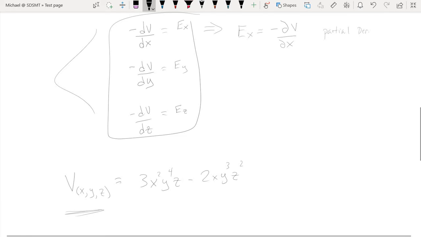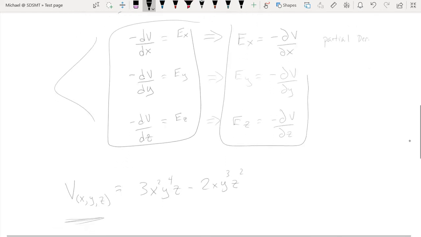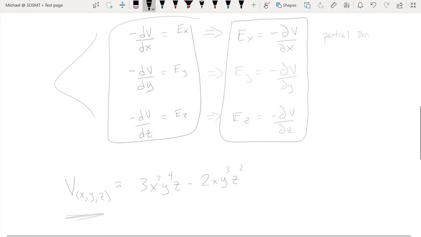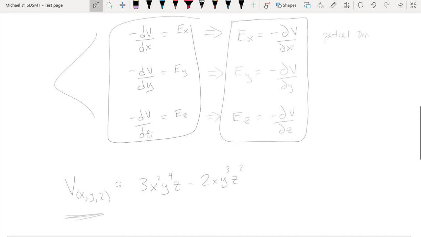Partial meaning we take the derivative of one part of the total function. In this case, we're taking the derivative with respect to x only. Here, we take the derivative with respect to y only. And here we take the derivative with respect to z only. So these are the proper notations, and they tell everyone that looks at it that this is going to be a partial derivative.